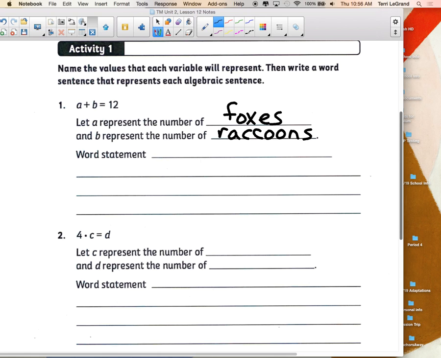We're working really hard at this because we have to learn how to be good at this. So those of you who are not tuned in, I feel so sorry for you when it comes time to have to produce this for me on a quiz and a test. Let's keep trying. The number of foxes, A, plus the number of raccoons, B, has to be 12.